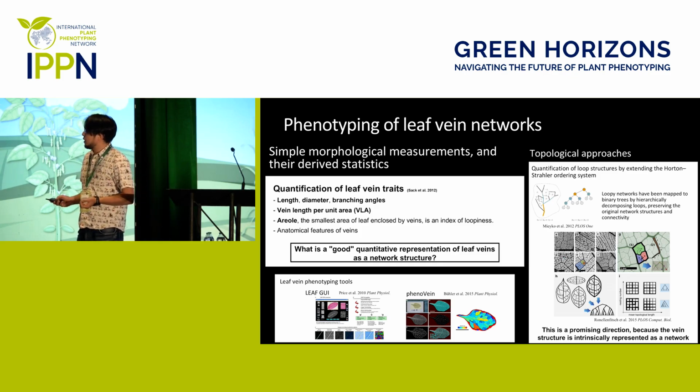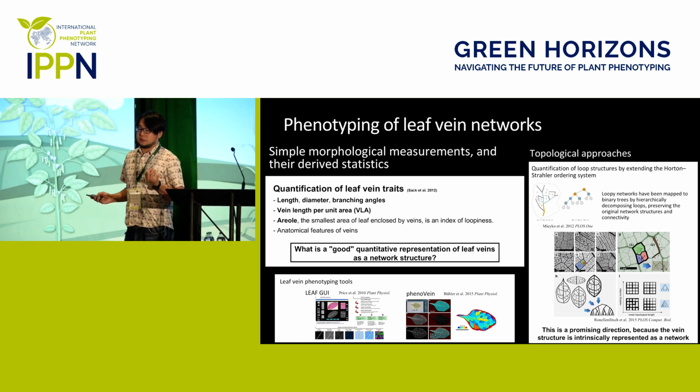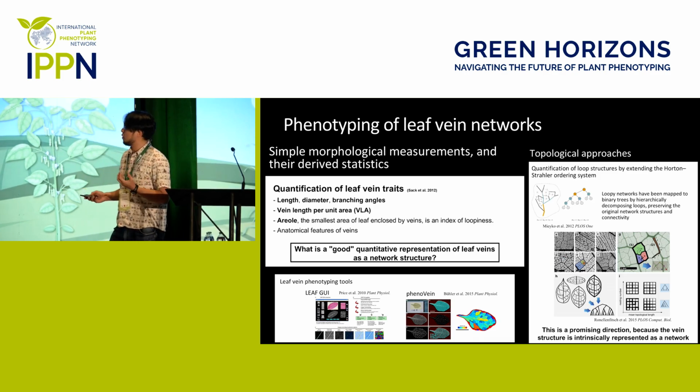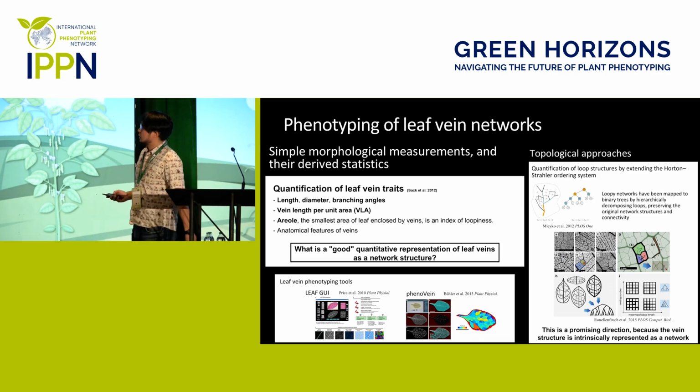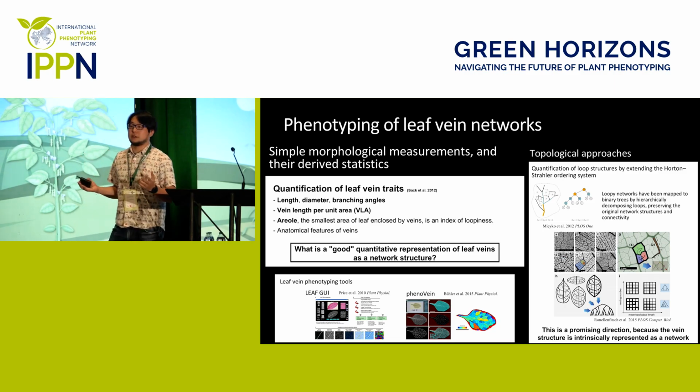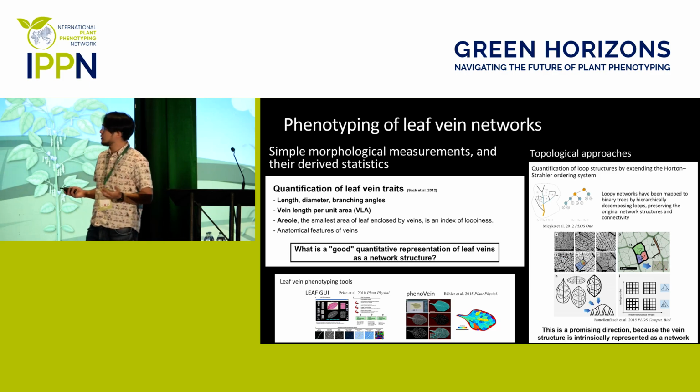However, most studies evaluated leaf venation patterns based on relatively simple measurements, like the length, diameter, or branching angle of the major veins, and as I said, the VLA or vein density.